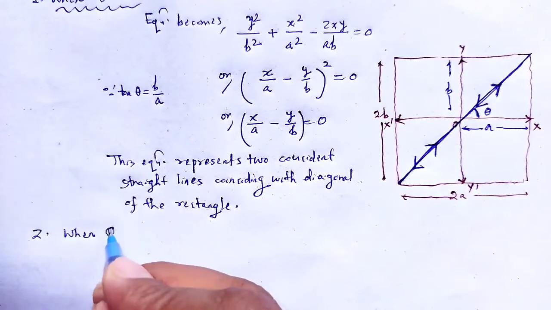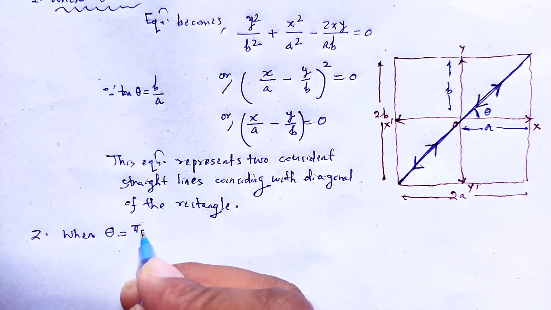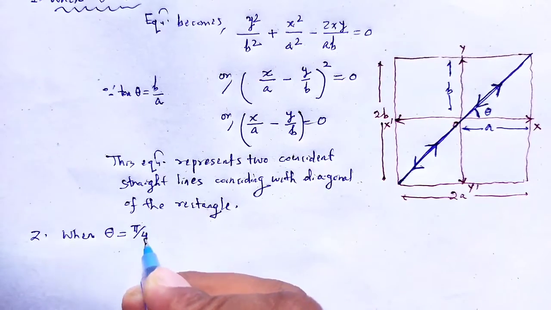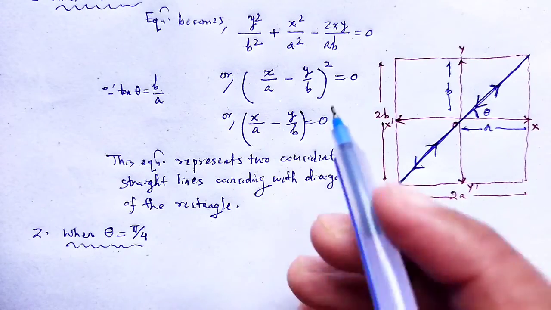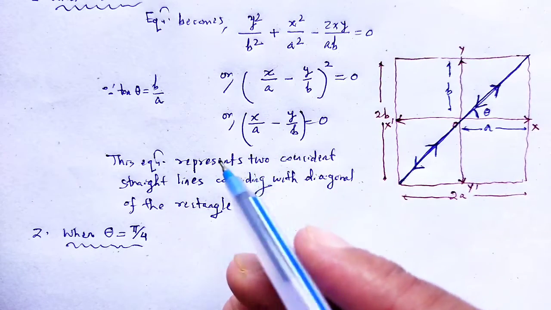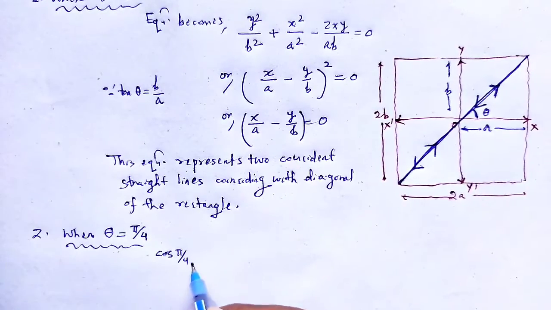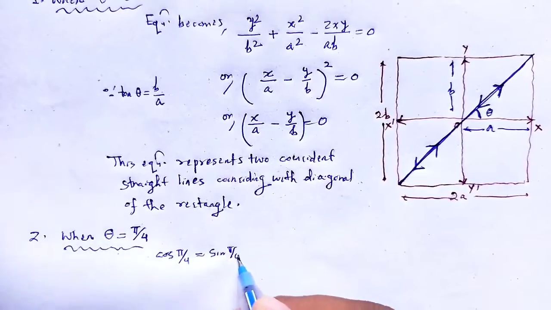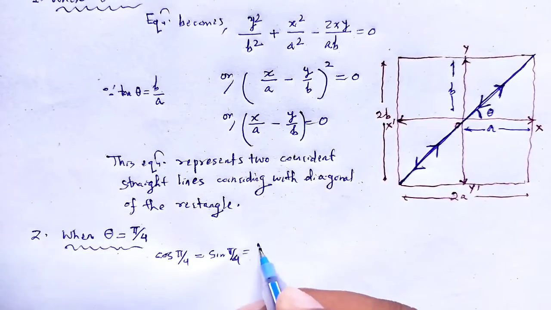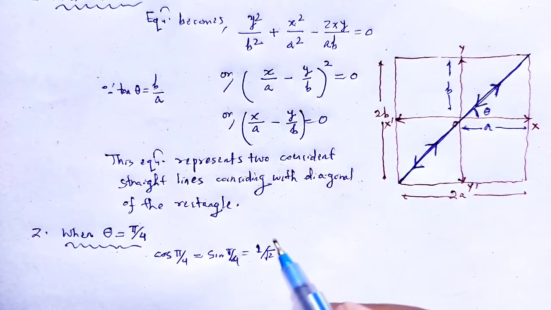When theta is equal to pi by 4, pi by 4 means 45 degree, sin pi by 4 and cos pi by 4 have the same value, that is 1 by root 2.